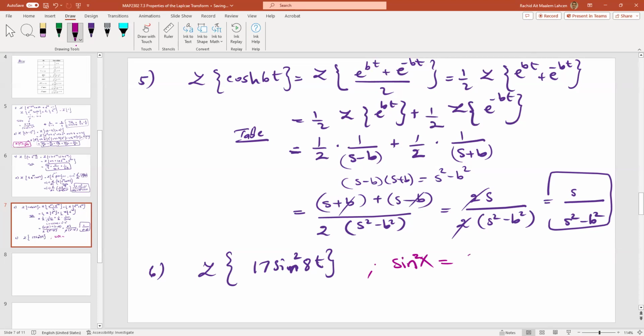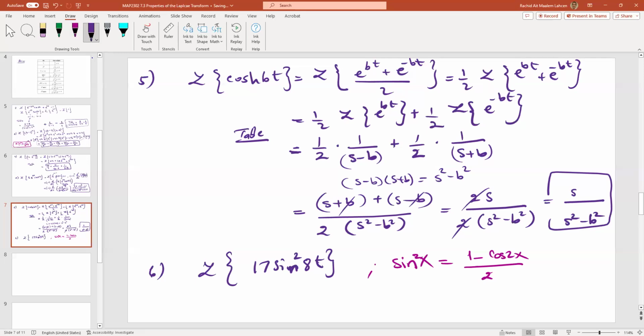Yeah, so 1 minus cosine 2x over 2. Right? So if you need to refresh this one, you can solve for cosine of 2x when you see what it is.